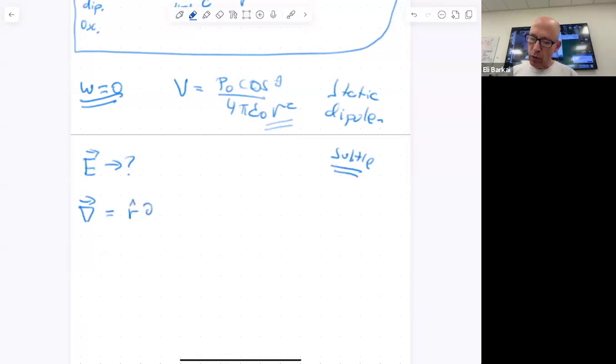This is equal to d over dr, 1 over r, d over d theta. I'm using here the gradient in spherical coordinates. Okay, there are phi derivatives, but we don't care about them because the expression for the potential is independent of phi. So we don't need to consider them.